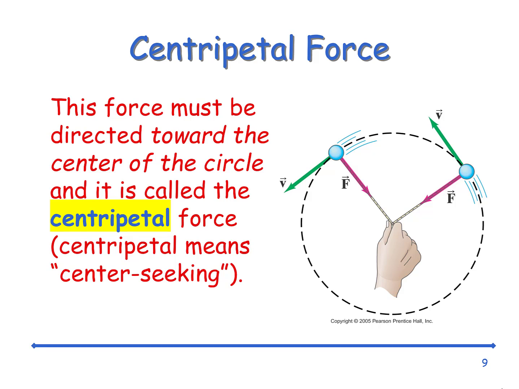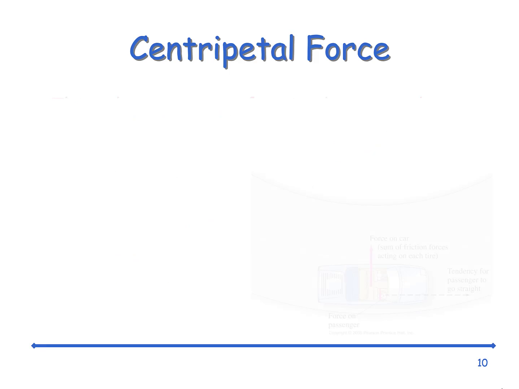It could be tension on the rope that we see here. It could be a normal force pushing up against something that's holding it on a circular path. It could be gravity. There are tons of different types of forces that can act as the centripetal force, but when there is circular motion holding an object along a circular path, we call that a centripetal force.